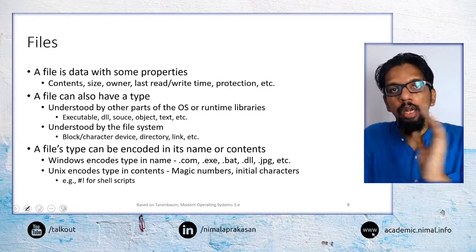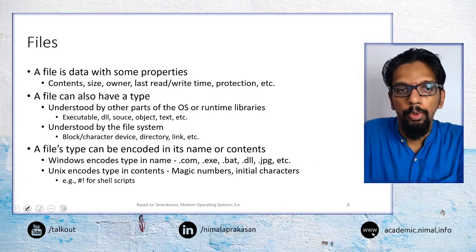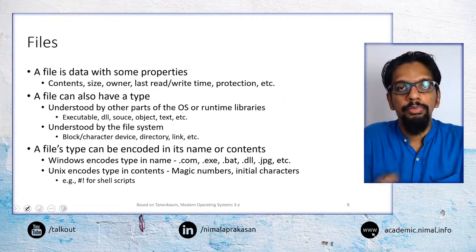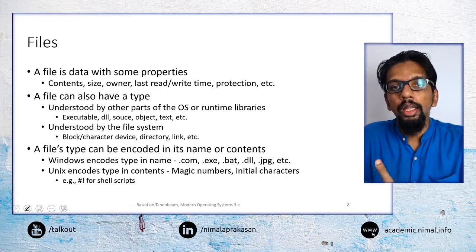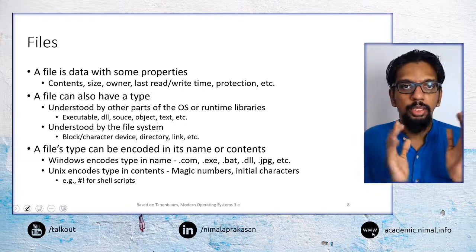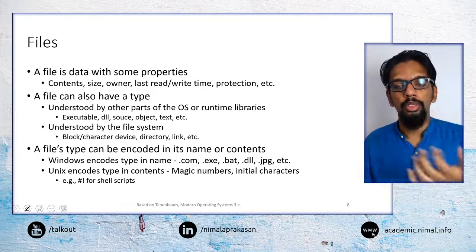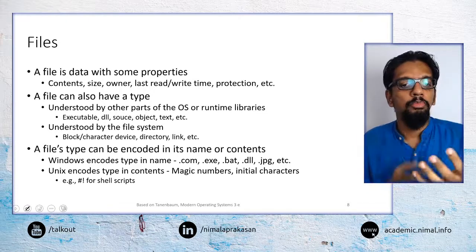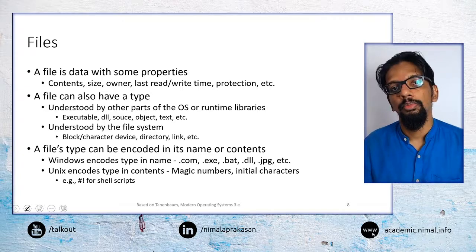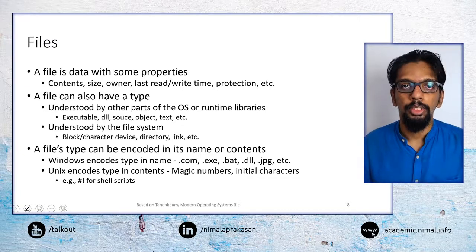So now let's start looking at each of those components. First one is files. So files are, as we said, the basic unit of information, and they are the ones that are going to hold the data from users or processes.